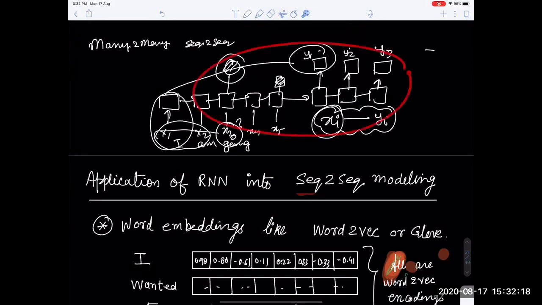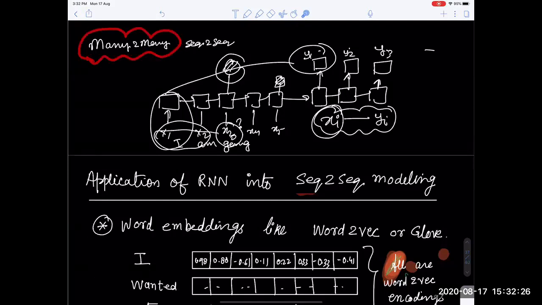So this was the sequence to sequence modeling and many to many. This is the first time we are going to see sequence to sequence modeling, most of the time very relevant when we are talking about language to language translations.